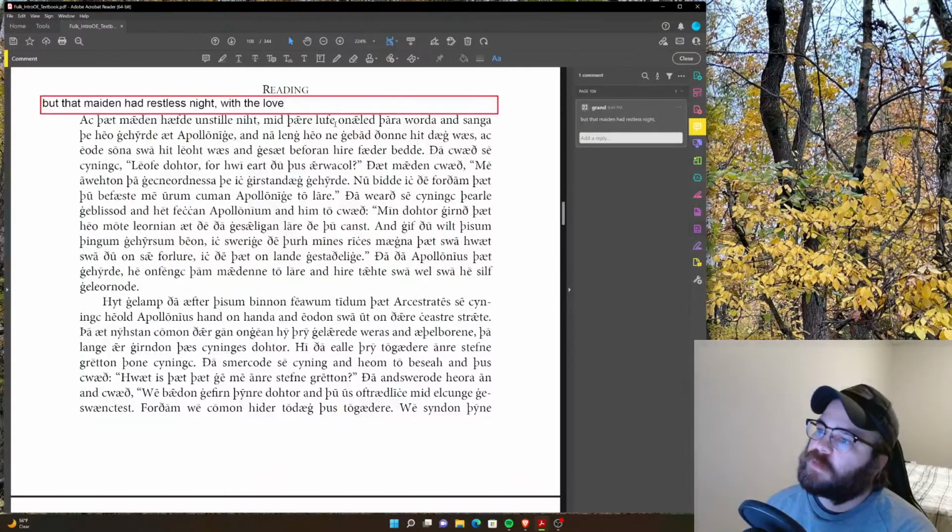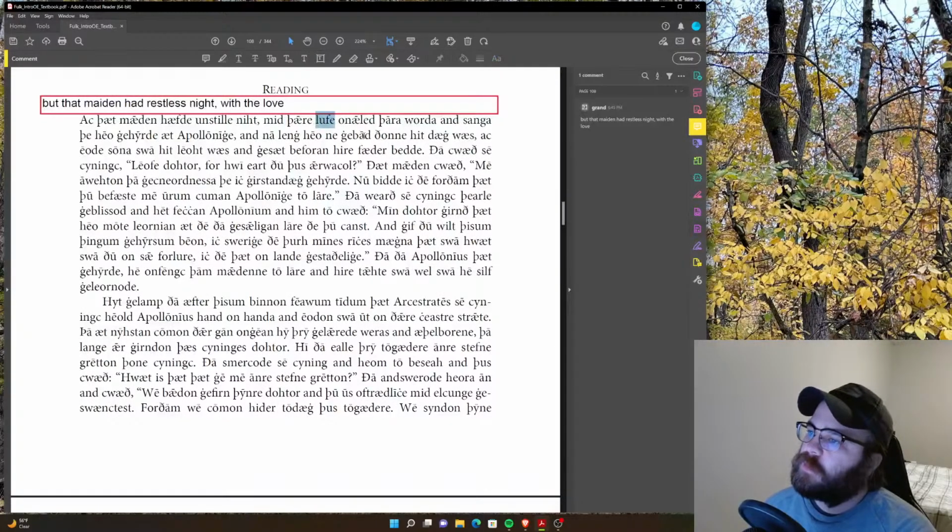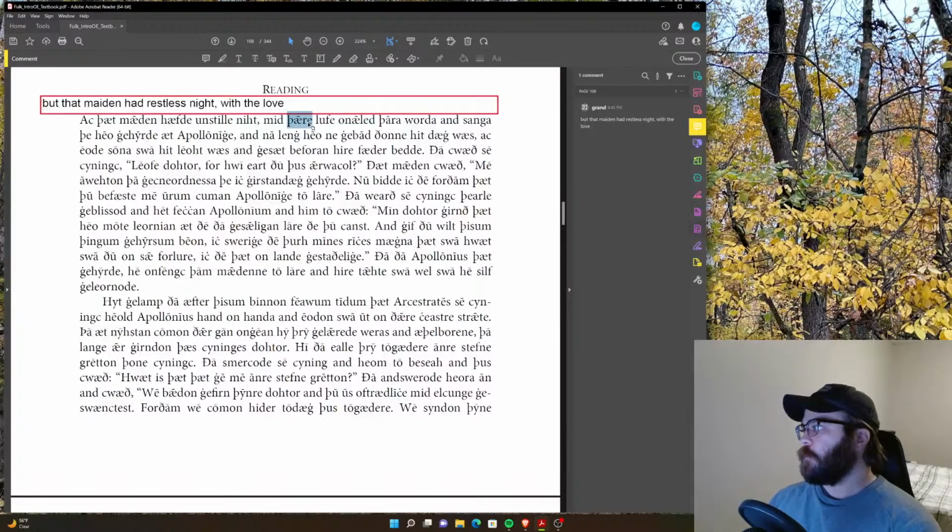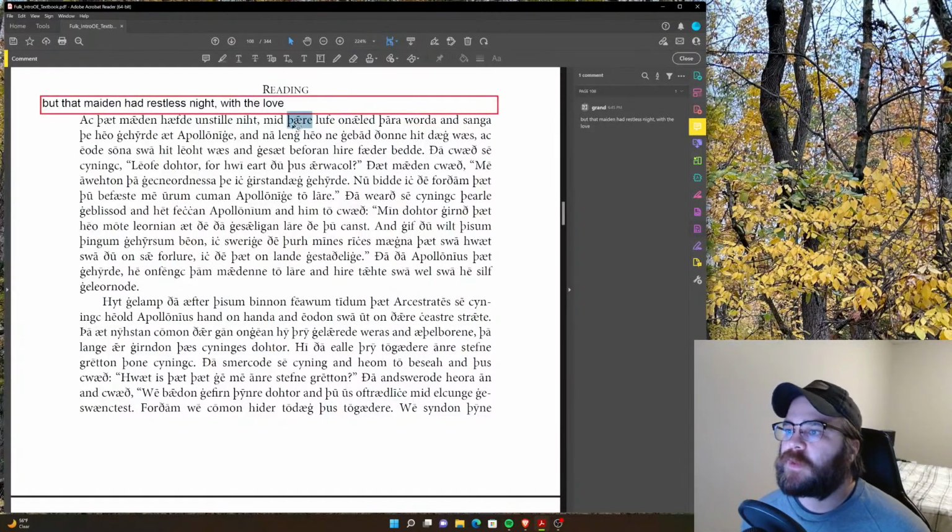This is a feminine noun, lufu, and so it has the feminine genitive singular definite article. So, the love. So mid thære lufe.